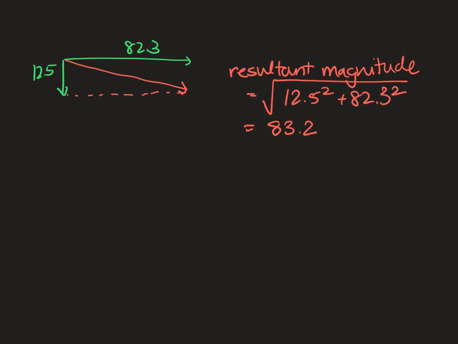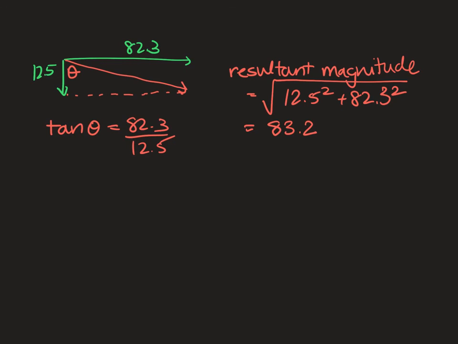Now I'm going to need an angle because this is a vector. So I'm going to put my theta right here so you can see I'm talking about south and how many degrees to the east. When I've done this, now compared to my theta, this is going to be my adjacent side. And I also know the length of this side, my opposite, is going to be 82.3. So what trigonometry function has opposite and adjacent? That's tan.